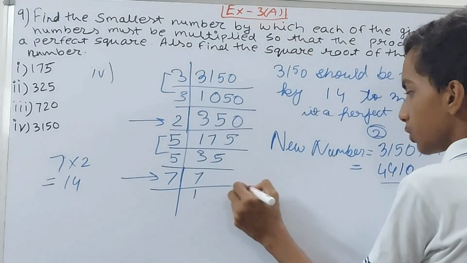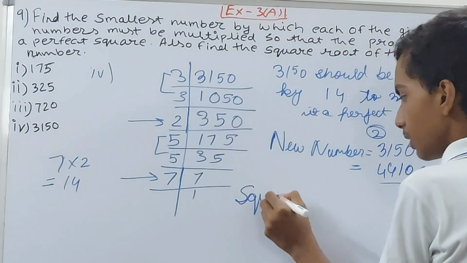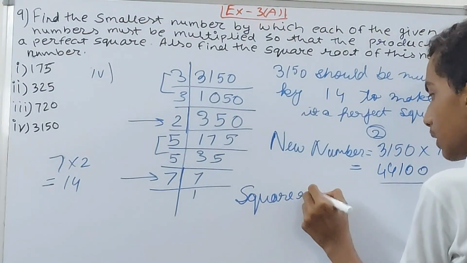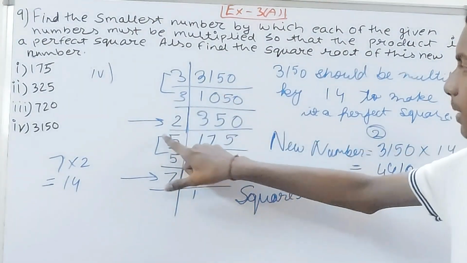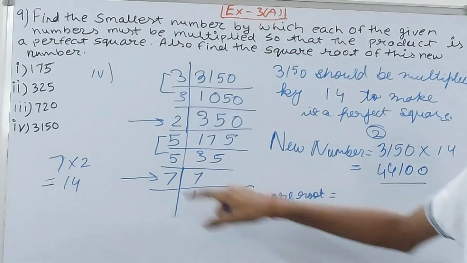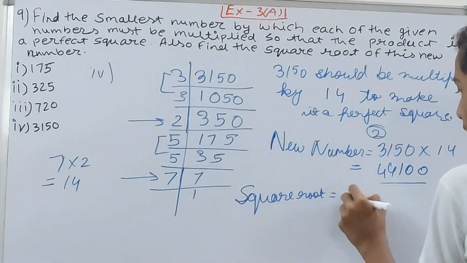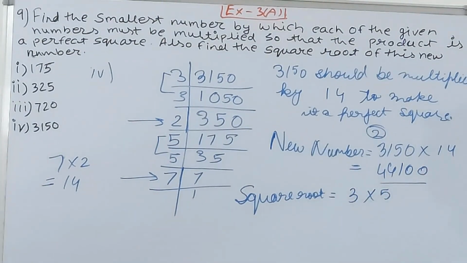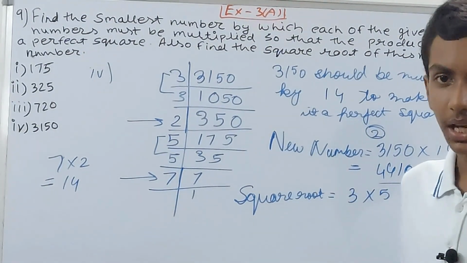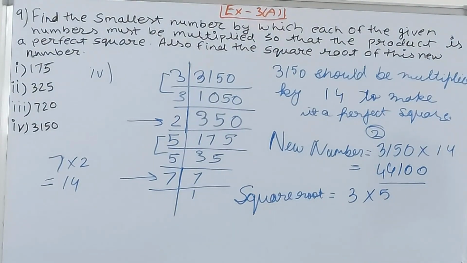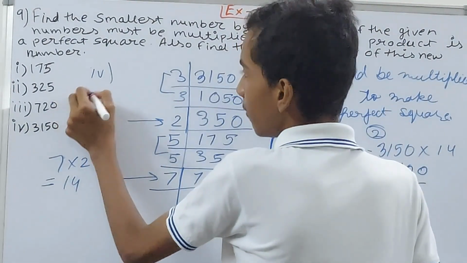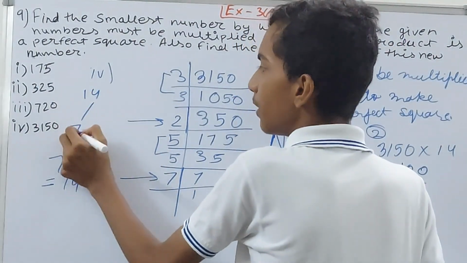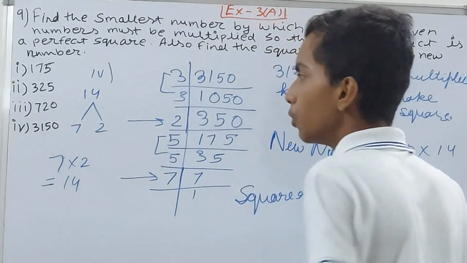And what will be the square root of this new number? Square root will be, again make the pairs, 3 3, right? 3 and 5, 3 into 5, that is your 15, and since it will be multiplied by 14, so 14, right? See, like here we have 14, so 14 can be broken down into 7 also and into 2, right?